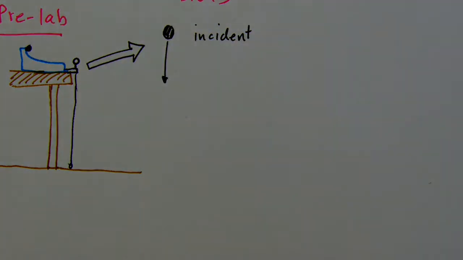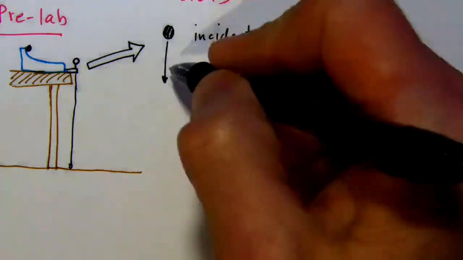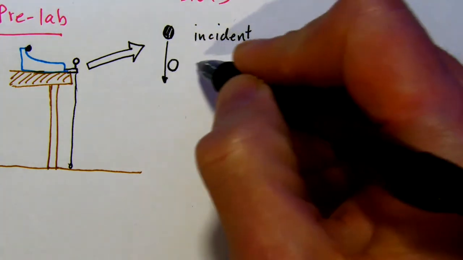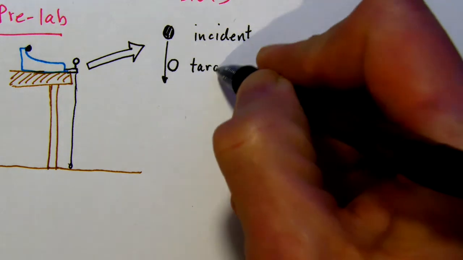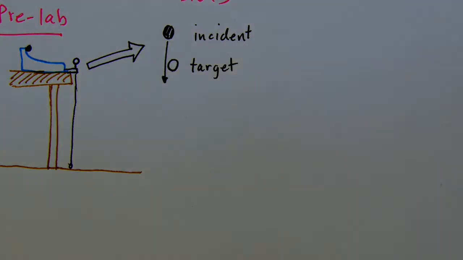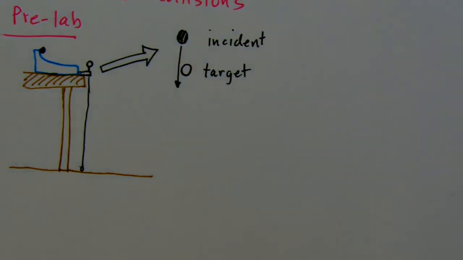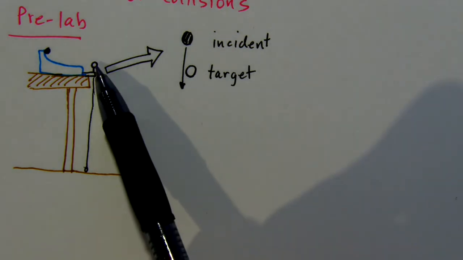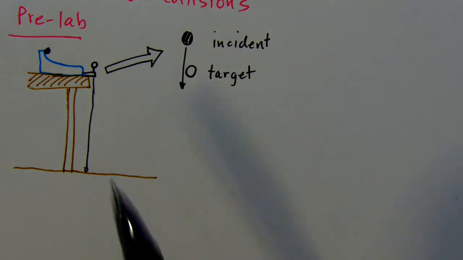But it's in such a way that when it collides with the target sphere, they collide at an angle. So this is what it would look like from the top view. In other words, that happens right here where that string shows that there's a plumb bob going straight down.